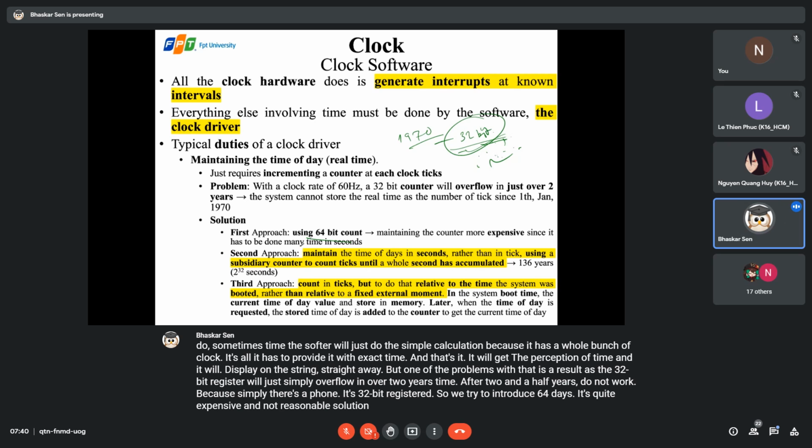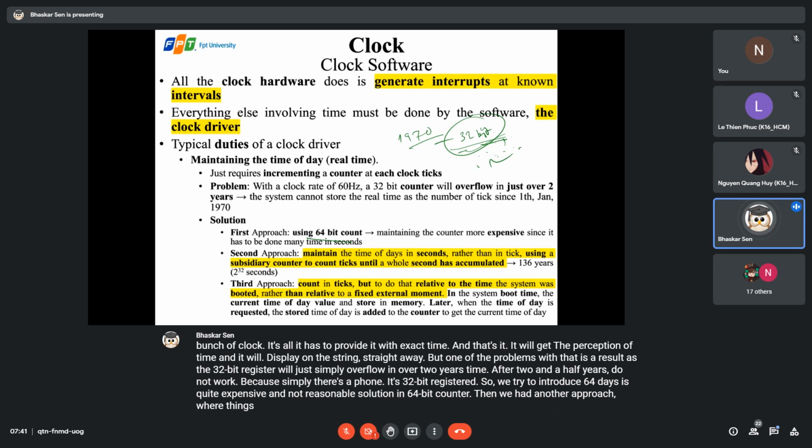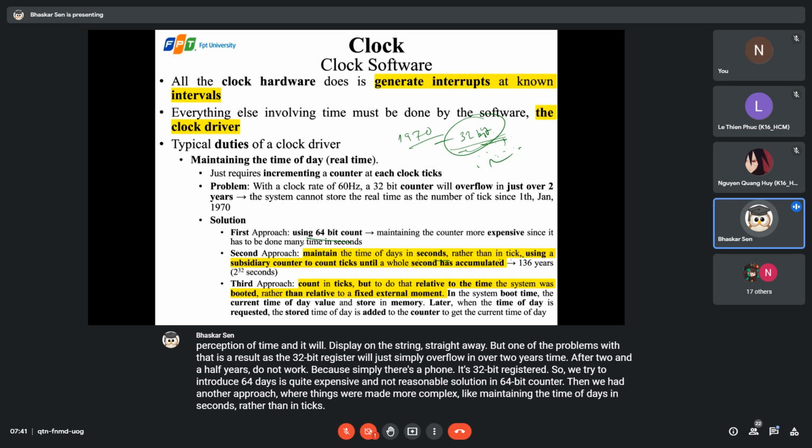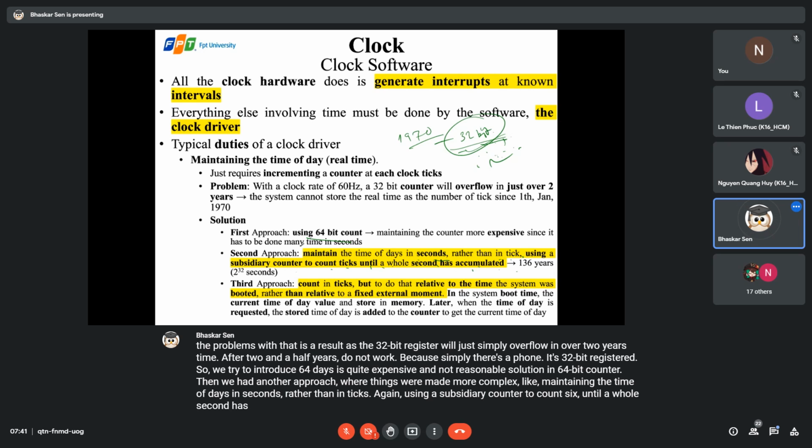Then we had another approach where things were made more complex, like maintaining the time of day in seconds rather than in ticks, using a subsidiary counter to count ticks until a whole second has accumulated. If we do that, then at least we survive 136 years.